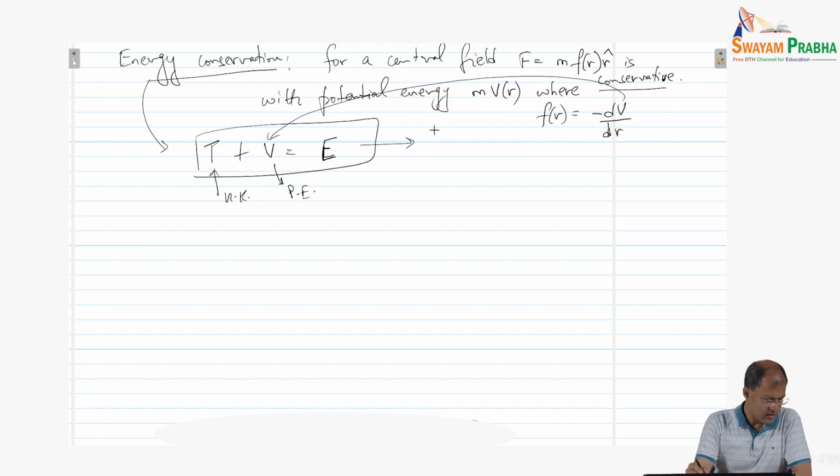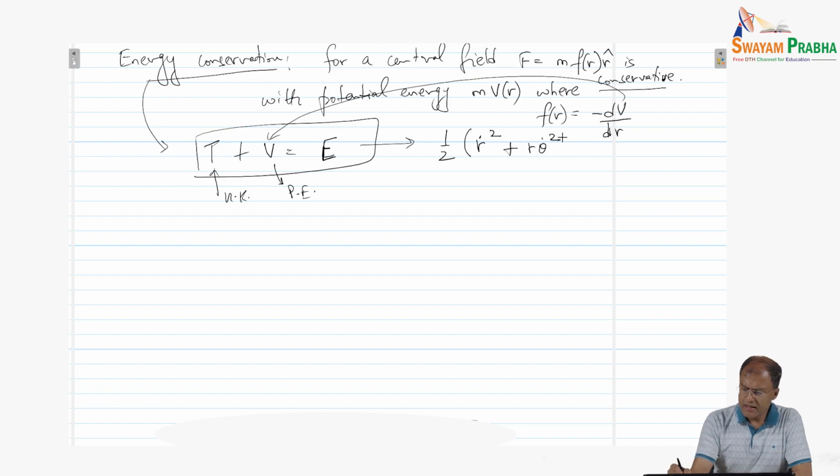If we want to write this conservation law in polar coordinates, it translates into the following relation. Writing the kinetic energy in polar form, this is half r dot square, the kinetic energy of the center of mass, plus half r theta dot square, which is the kinetic energy of the body about an axis passing through the center of mass.